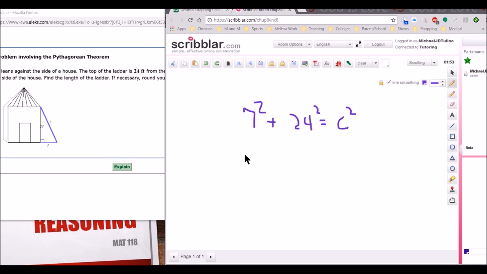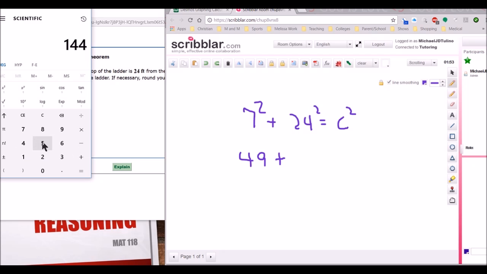Okay, so 7 squared is 49. 24 squared, oh, sometimes I transpose the numbers, so let me do this one real quick. All right, 576. You know, I'm not perfect. Sometimes I have most of these memorized, but for some reason my mind wants to transpose the 7 and 6, so I did it real quick. Okay, equals c squared.